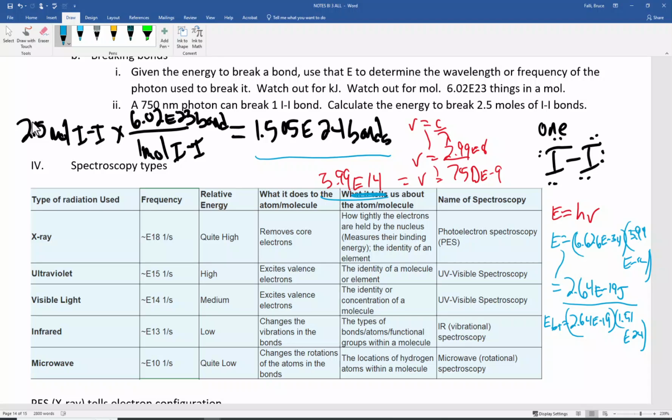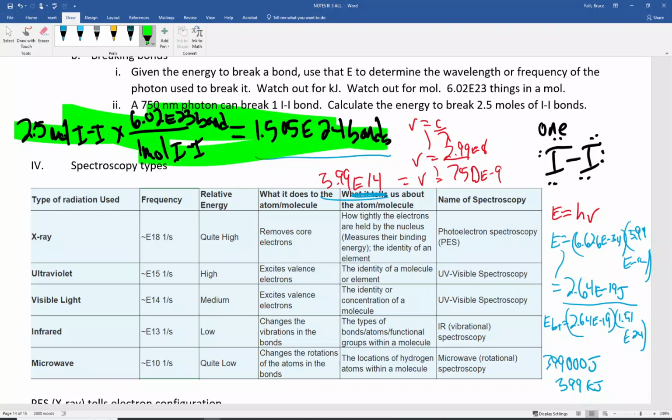Enter, and I get a reasonable number of 399,000 joules, which screams to me 399 kilojoules. Either answer is A-OK. Do you see how this is very chemistry heavy, but the rest of it is, I have two equations. I have to use them both to solve for it. So it's a really hard 9th grade honors math question.